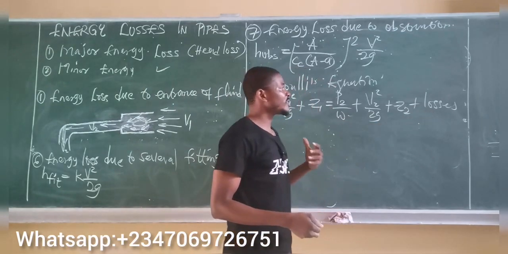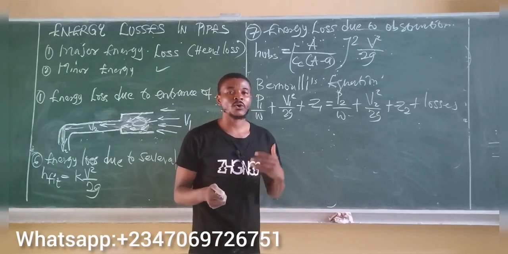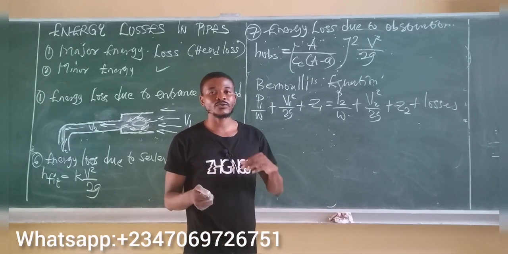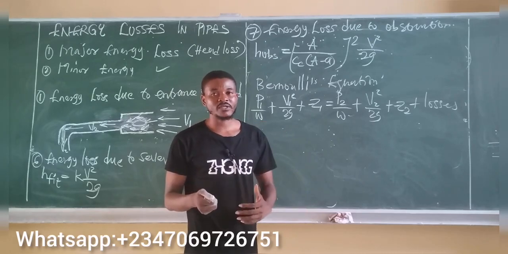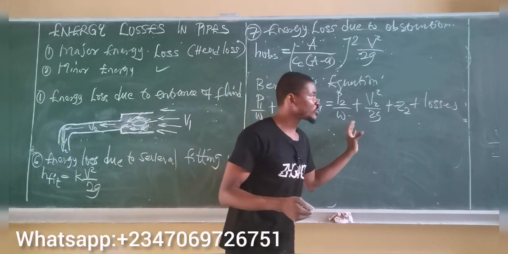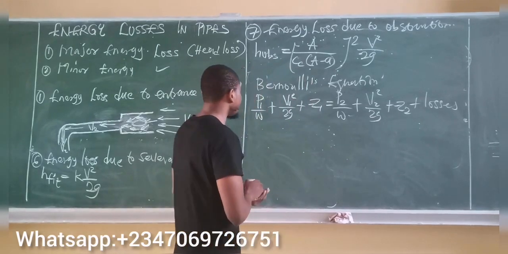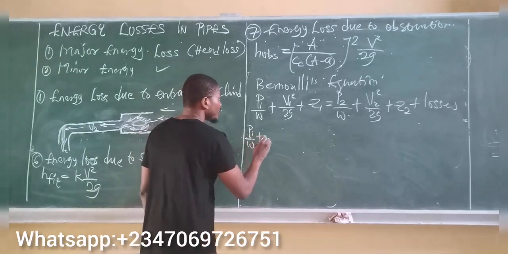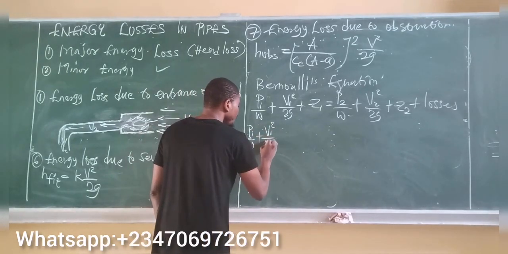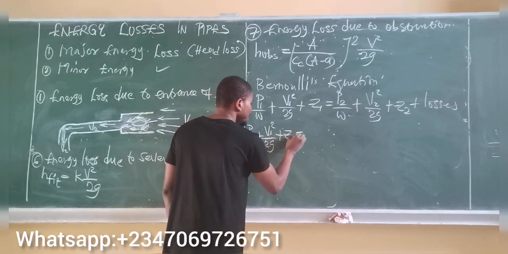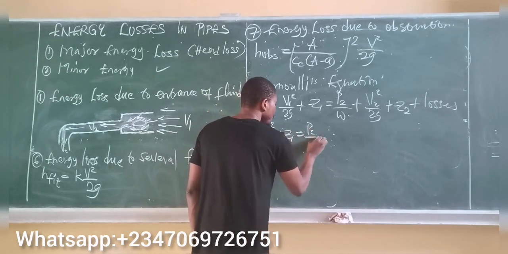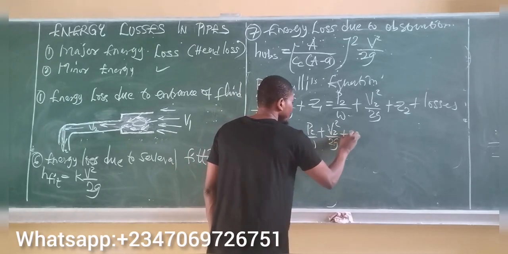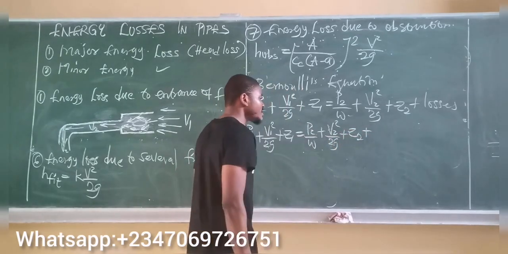Now, what are these losses? These losses constitute the minor energy losses, which we've talked about, and the major energy losses as fluid flows through a pipe. So I can write this equation as P1 all over W plus V1 squared all over 2G plus Z1, equal to P2 all over W plus V2 squared all over 2G plus Z2 plus, now what are these losses?